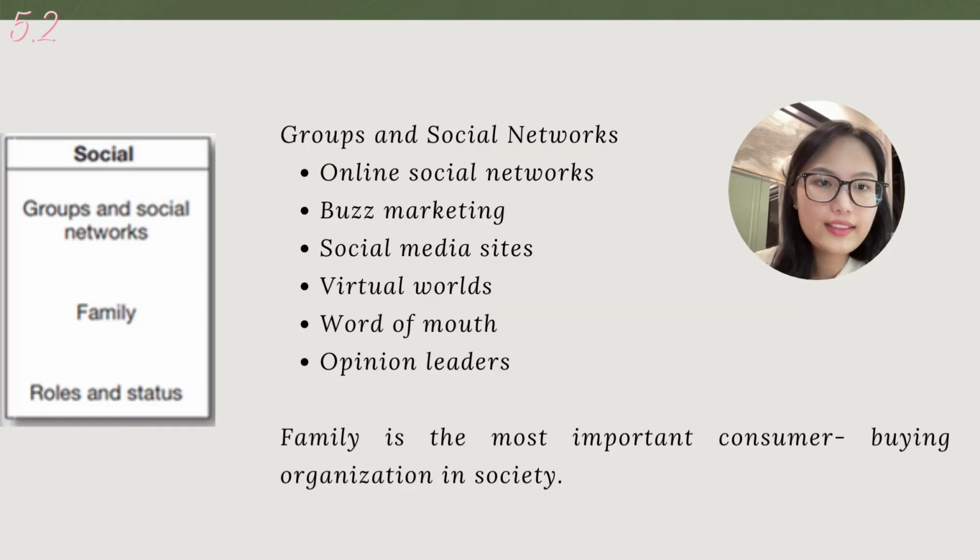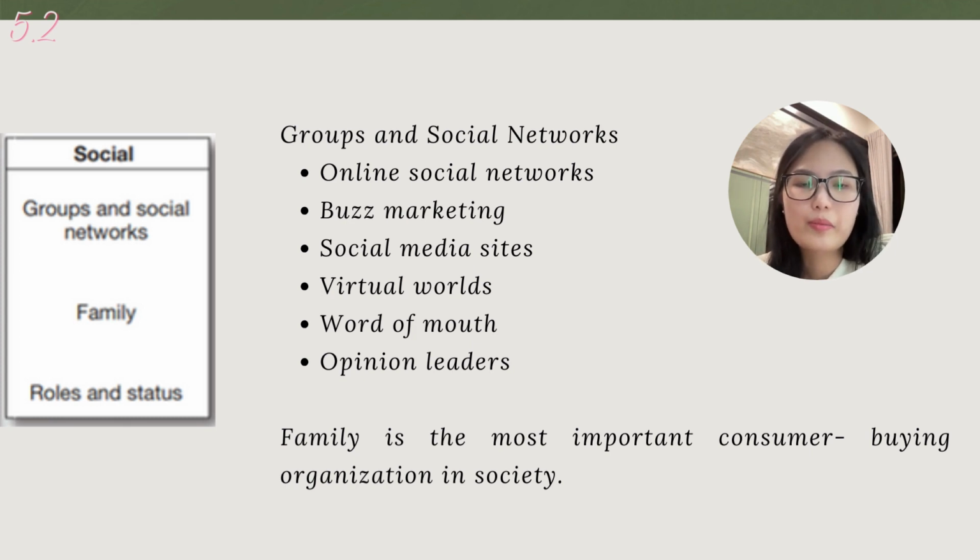The next thing is about social factors. There are three things here: groups and social networks, family, and roles and status. Groups and social networks are all about online social networks, blogs, social media sites, viral marketing, word of mouth, and opinion leaders.